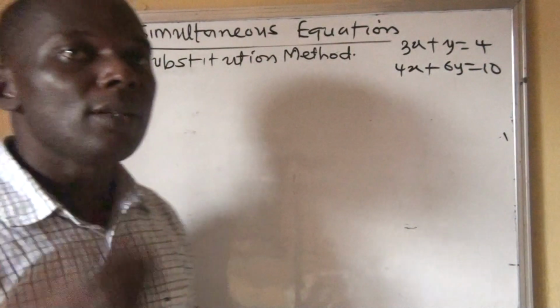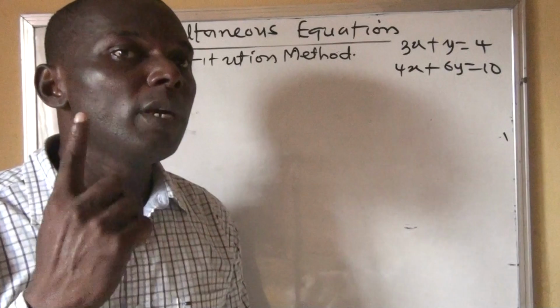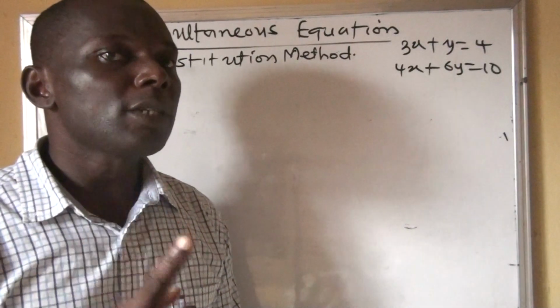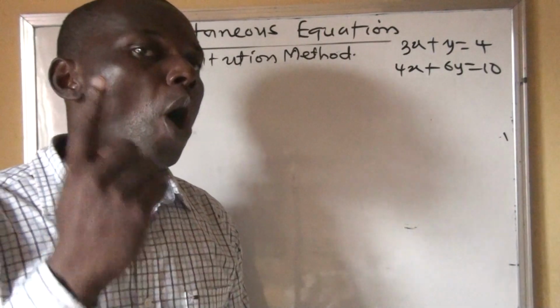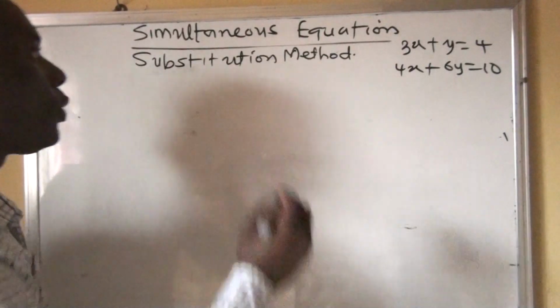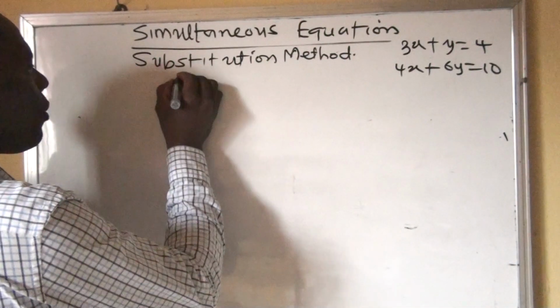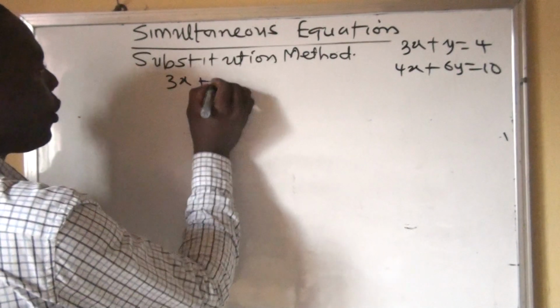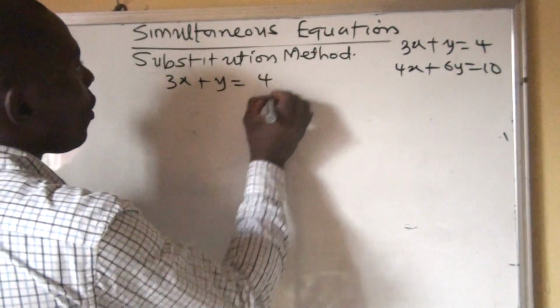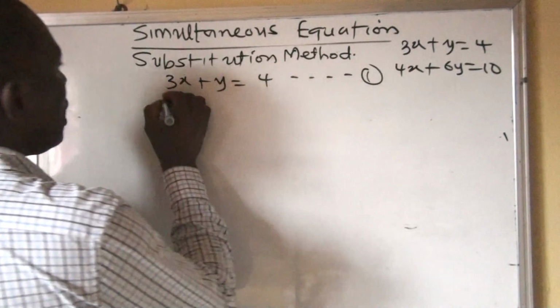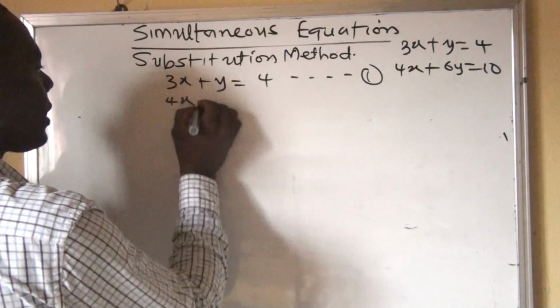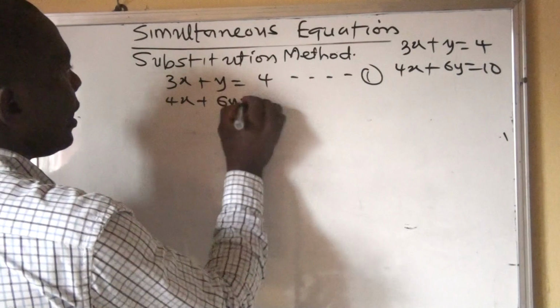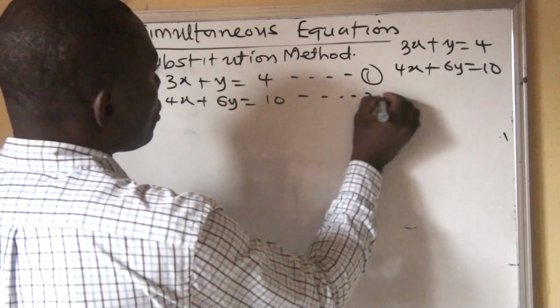The first thing you do is choose which one of the two unknowns you intend to make the subject of the relation. For instance, here we have 3x plus y is equal to 4 as our equation 1, and 4x plus 6y is equal to 10 as our equation 2.